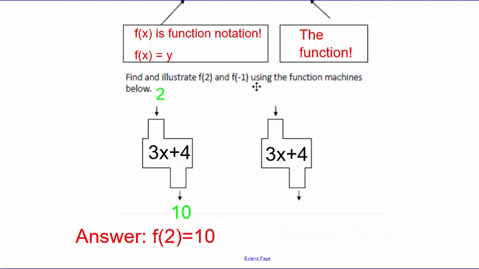Looking at the next one, we're going to be finding f of negative 1. For f of negative 1, I know that I need to put a negative 1 into the function. We're going to plug negative 1 in for x, and I'm going to give you just a second to figure out what that gives us.